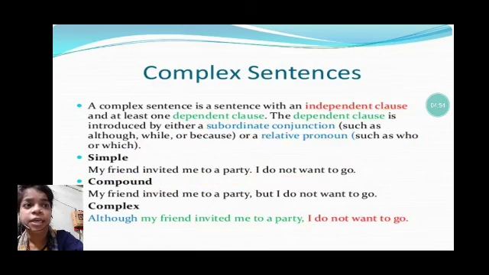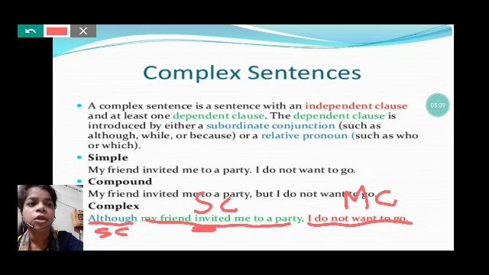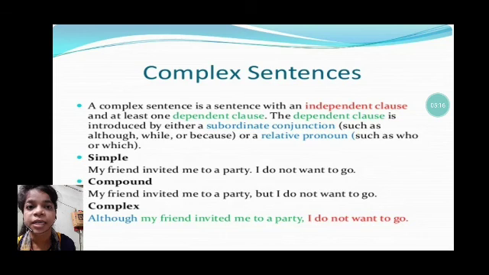Again see, this is the subordinating conjunction, this is the subordinate clause, and this is the main clause, as you can see from the colors here. So whenever we form any complex sentence, we need one main clause, at least one subordinate clause, and one subordinating conjunction or relative pronoun.